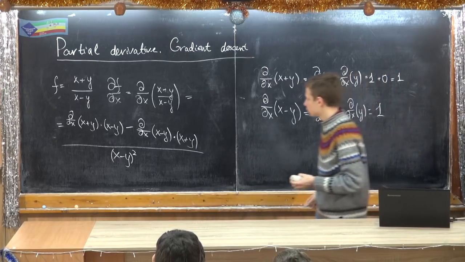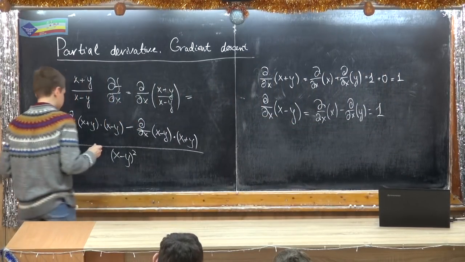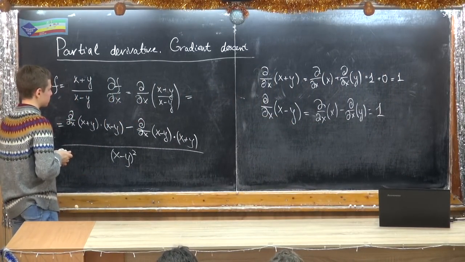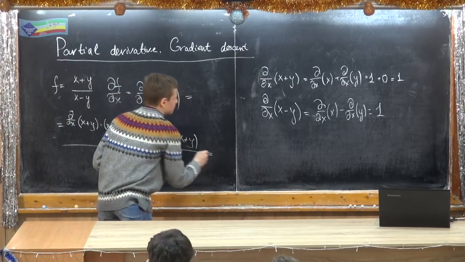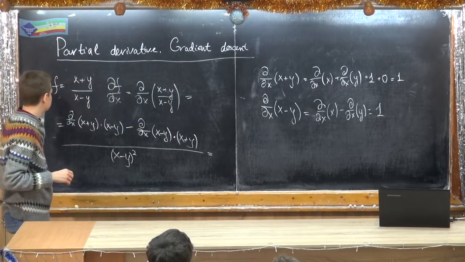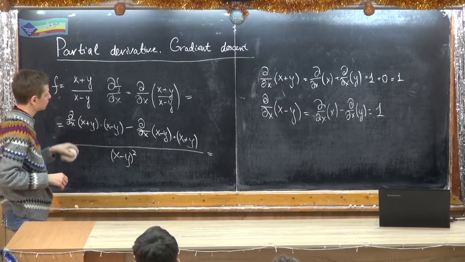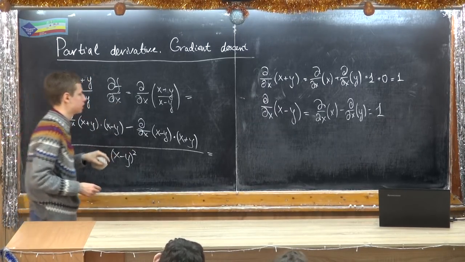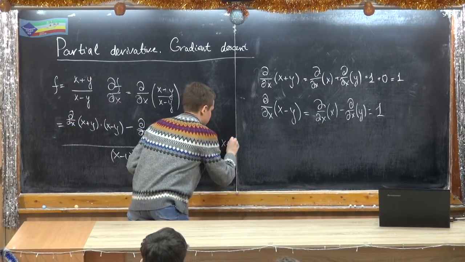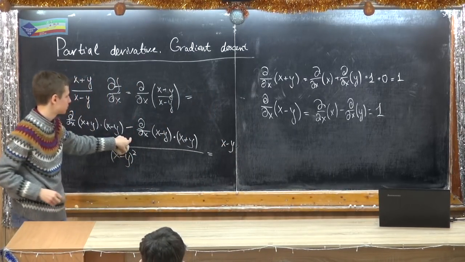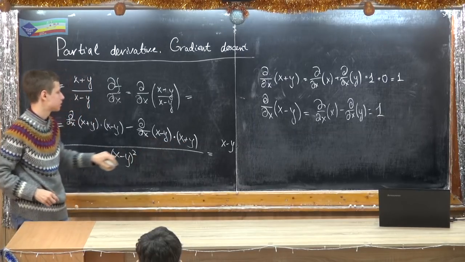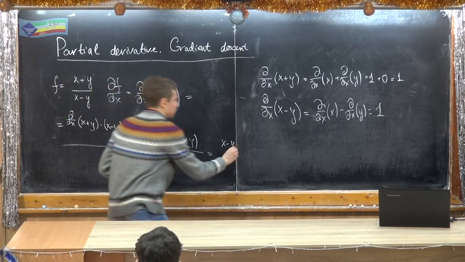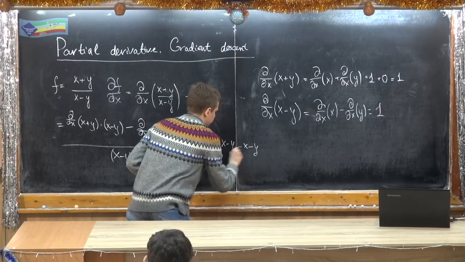So now we can rewrite our expression again and get that this partial derivative with respect to x is equal to 1 multiplied by x minus y, minus 1 multiplied by x plus y, over x minus y squared.